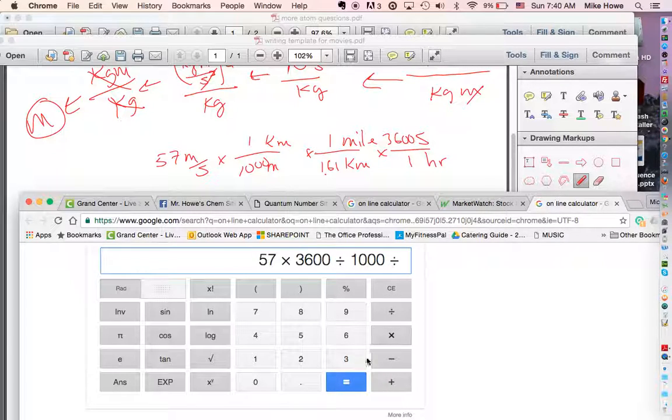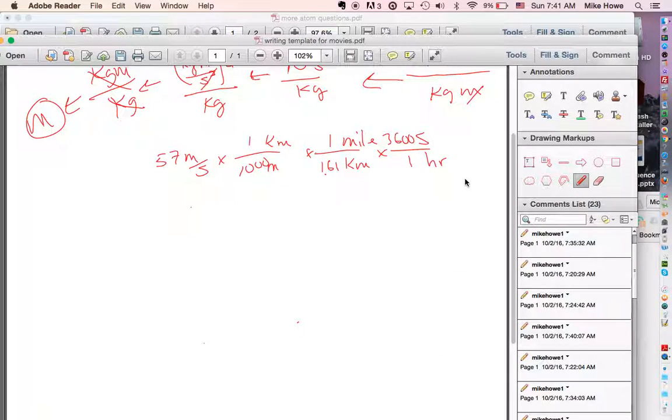And I would divide by 1.61. And it turns out to be 127 miles an hour. Okay, so there's the answer to that one.